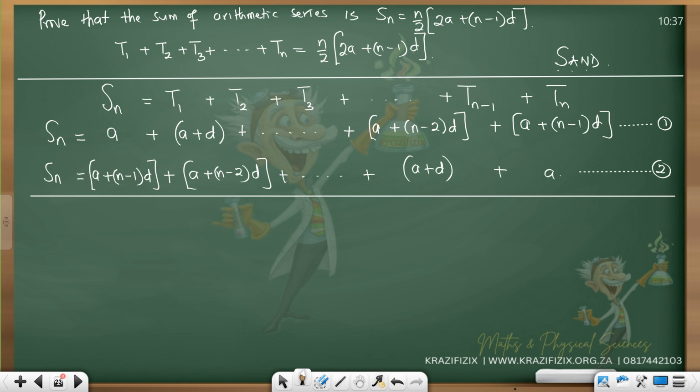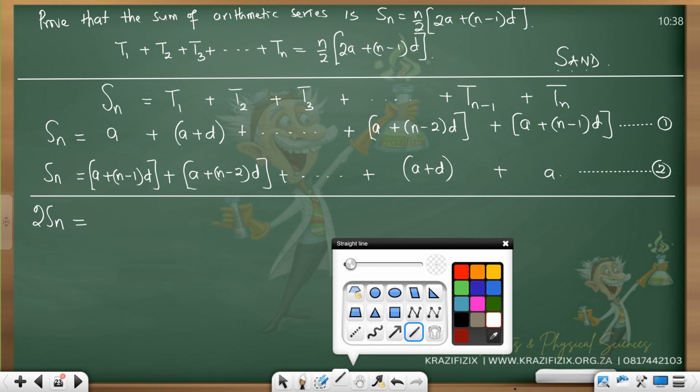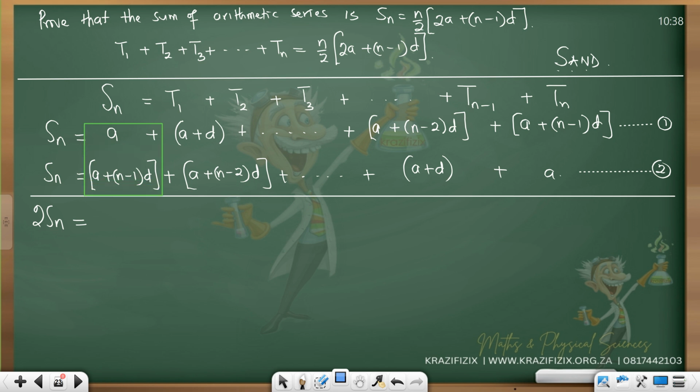So if we add going down, Sn plus Sn would give me 2Sn. Going down means I am adding all of this. This is the first one, and this is the second one. Right? So please don't get confused. Now, if I add this going down, look at this. It is a plus n minus 1d.